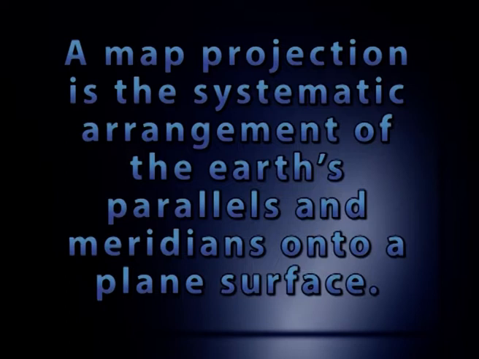Before we get into map projections, we need to understand the geographic coordinate system. Geographic coordinate system, the graticules. A map projection is a systematic arrangement of the Earth's parallels and meridians onto a plane surface. These meridians and parallels become the projection graticules.